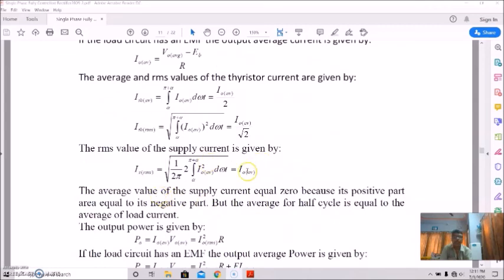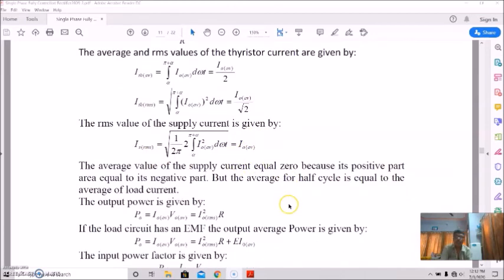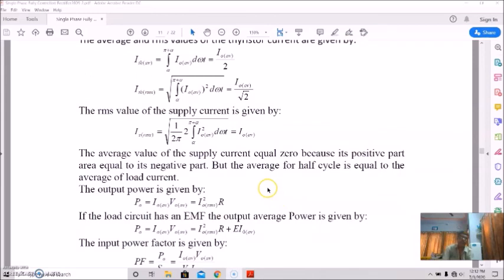So the RMS value of the supply current, if you calculate, will be the same as the output current. The average value of the supply current is 0 because its positive part equals its negative part, but the average over one half cycle is equal to the average of the load current.